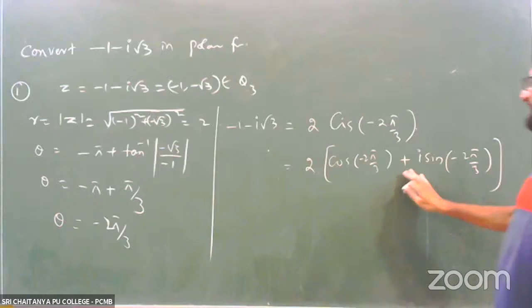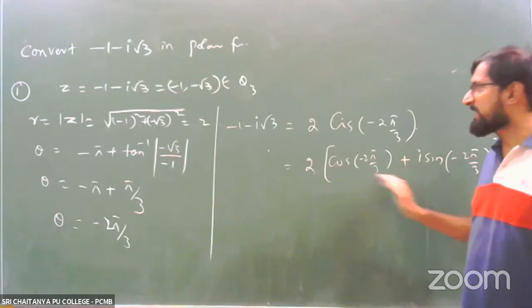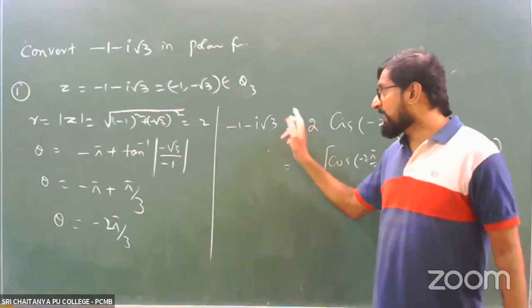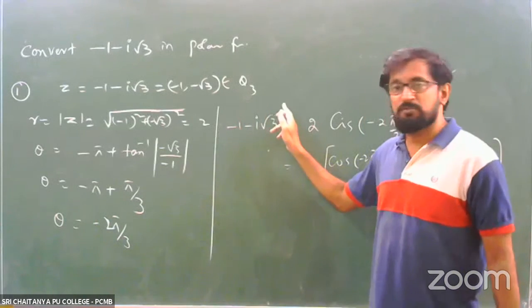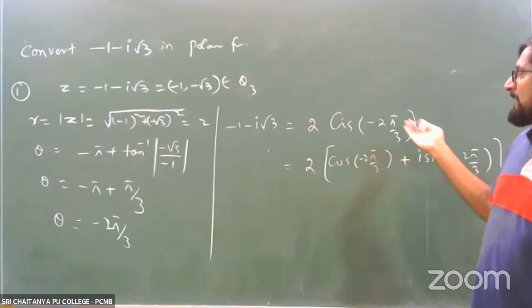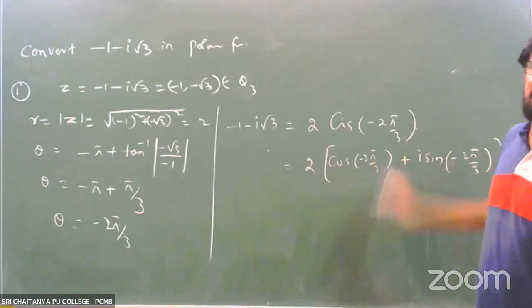And don't try to simplify this. Why? Because if you simplify this, you are going to get this one only. What is the meaning of this? We can also express -1 minus i root 3 as 2 into cis of 2 pi minus 2 pi by 3. Copy this one.